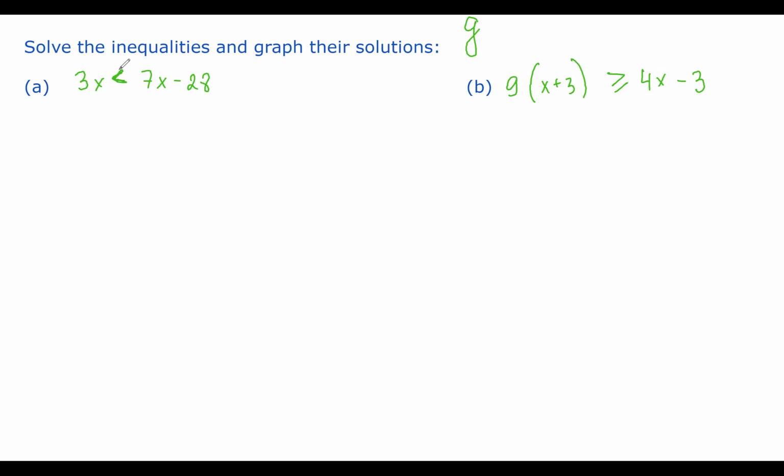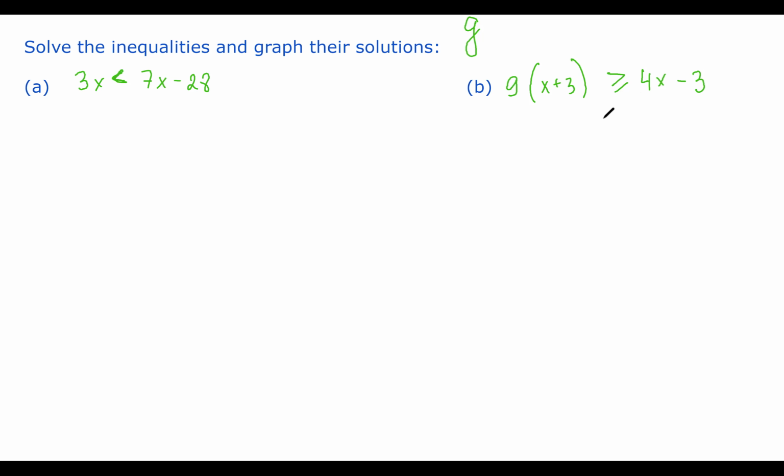You will not run into the change of direction here. I put two similar problems on purpose. You'll be using the same strategy, but in one of them you'll have to reverse the direction of the inequality, and in the other you will not.